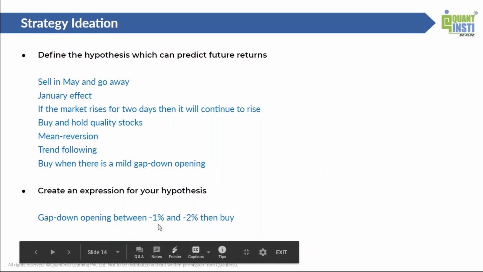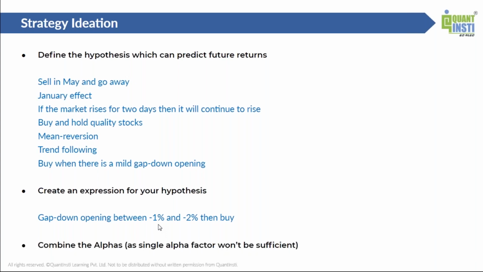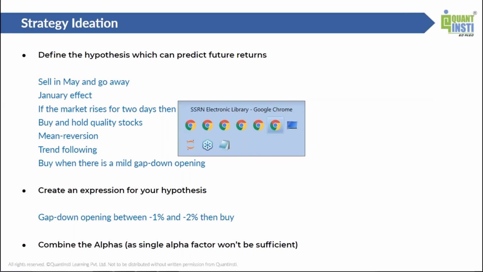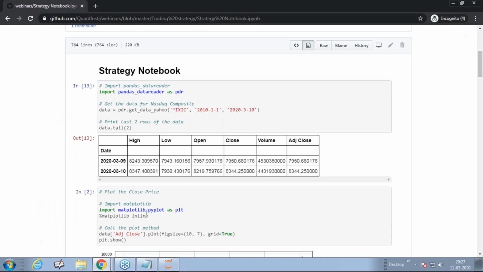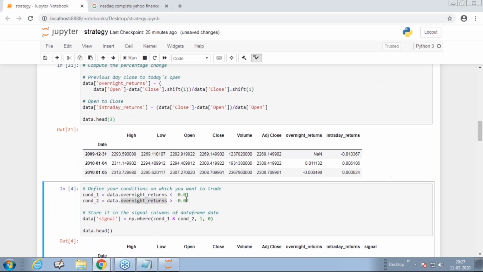The first condition is that the gap down opening has to be, say, less than -1%. So that becomes my condition one, which is the overnight returns are less than -1%. And my second condition is overnight returns are greater than -2%.